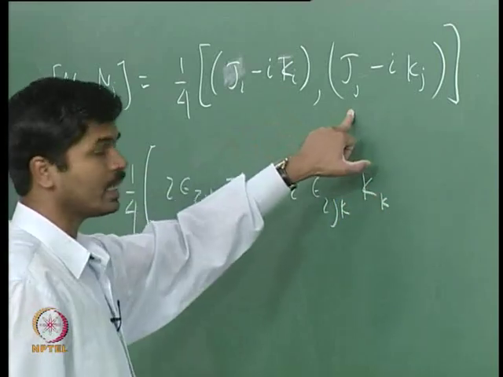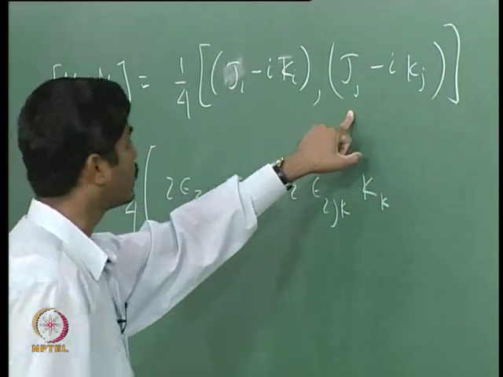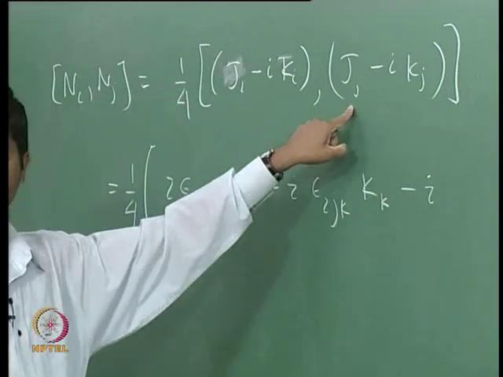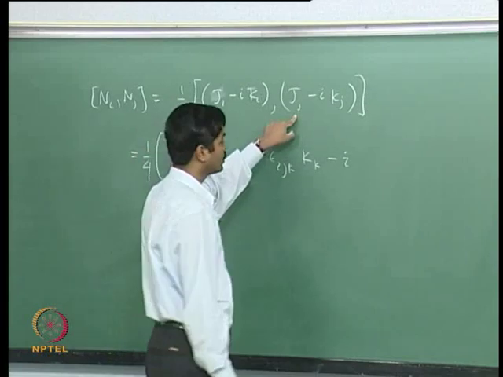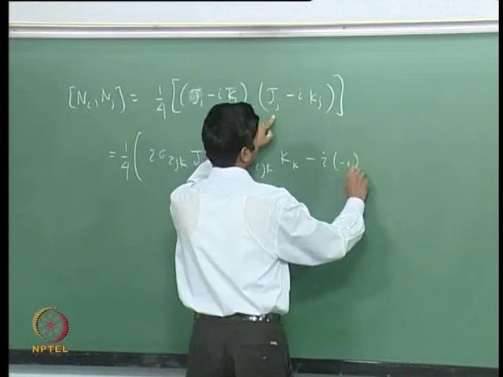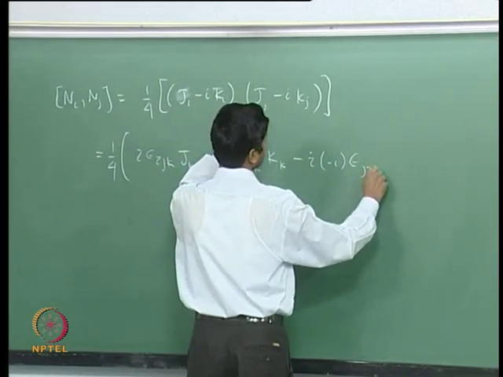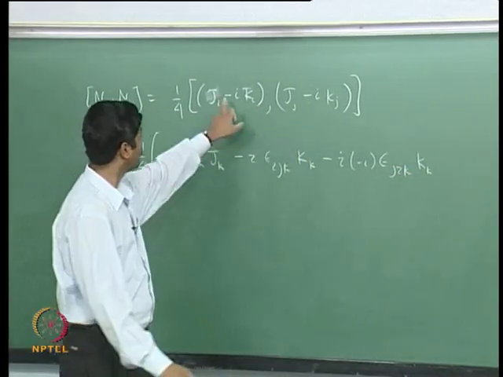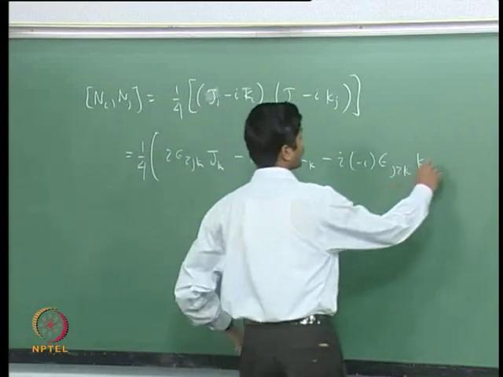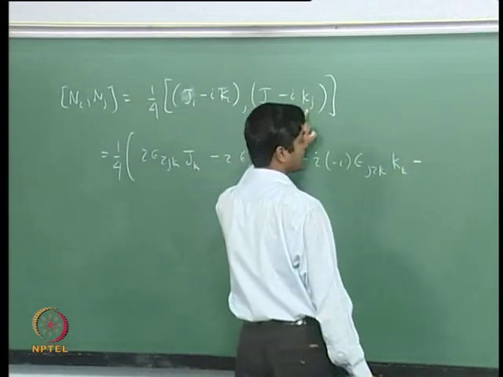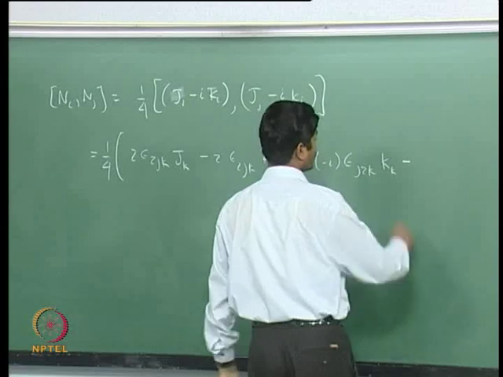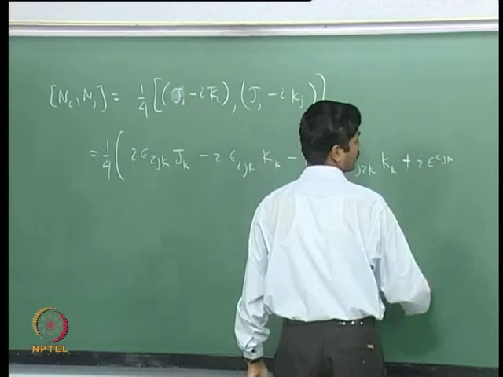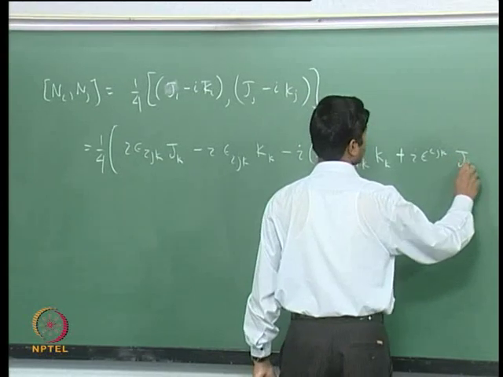Then this is Ki Jj, minus i times the commutator of Ki Jj is minus i epsilon ijk Kk, and then finally minus times minus plus i squared is minus, so minus the commutator of Ki Kj, which is minus i epsilon ijk Jk.